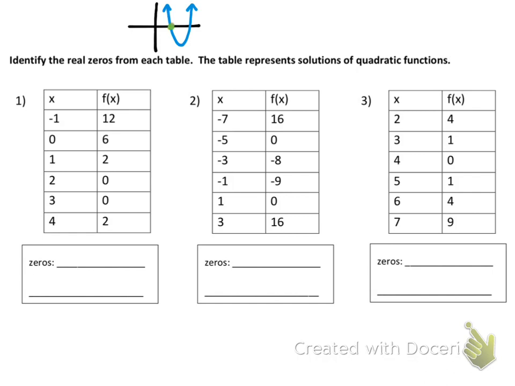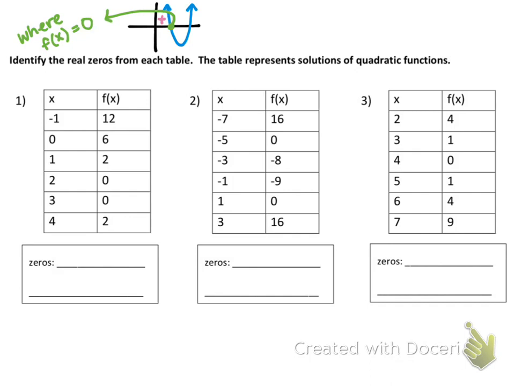So I drew a little coordinate plane and a rough sketch of a parabola. Well, our 0, as we went over last time, is where f of x, or y, is equal to 0. So that means if we're looking at our table, we're looking for where the f of x column, or the y column, so this column here, is going to have a 0 as its value. Another way that we can look is we can notice that our graph crosses the x-axis.